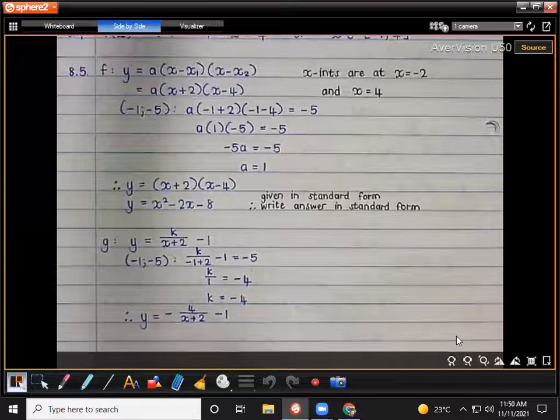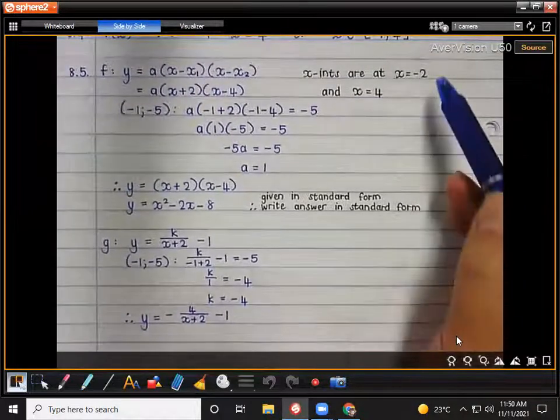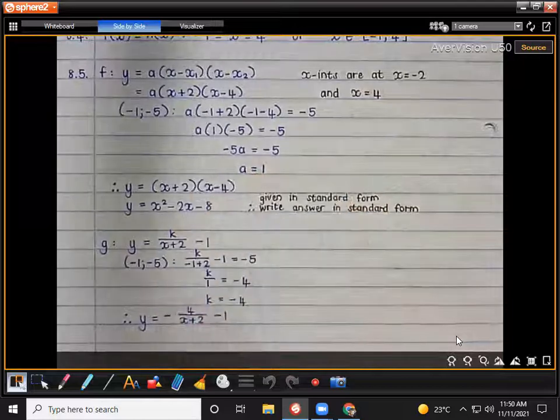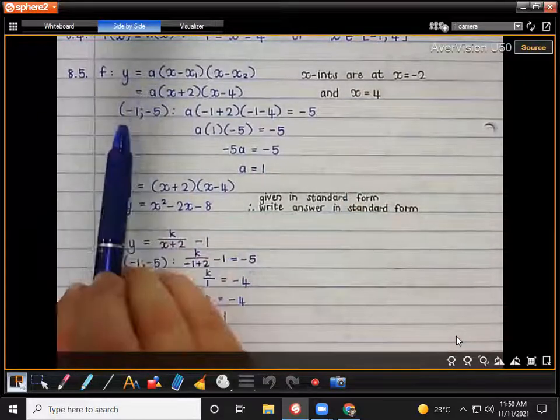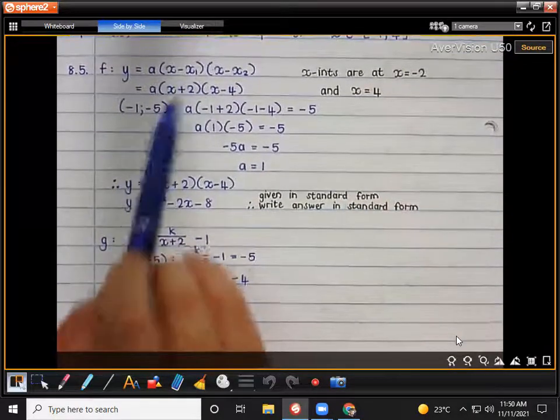8.5, they asked for the equations. So for F, I used, now you might have done this already in 8.1, in which case you would just rewrite the equation, that's fine. For F, I used the X-intercept form because they gave us the two X-intercepts. Right, they were at -2 and 4, so x plus 2, x minus 4. And then to get A, I subbed in the other point that I had, and A was just 1.